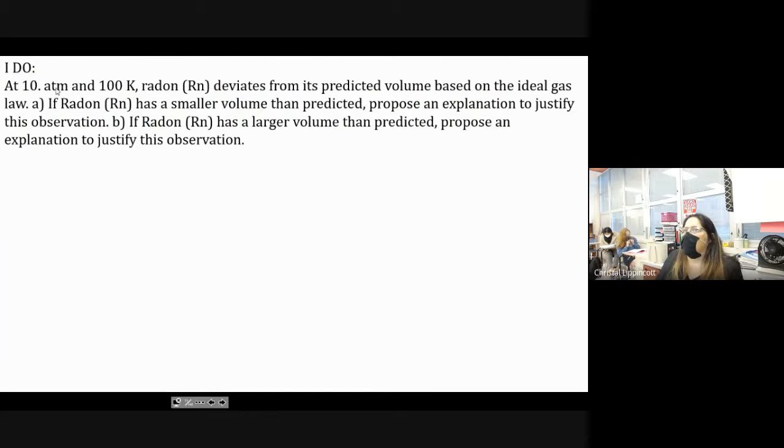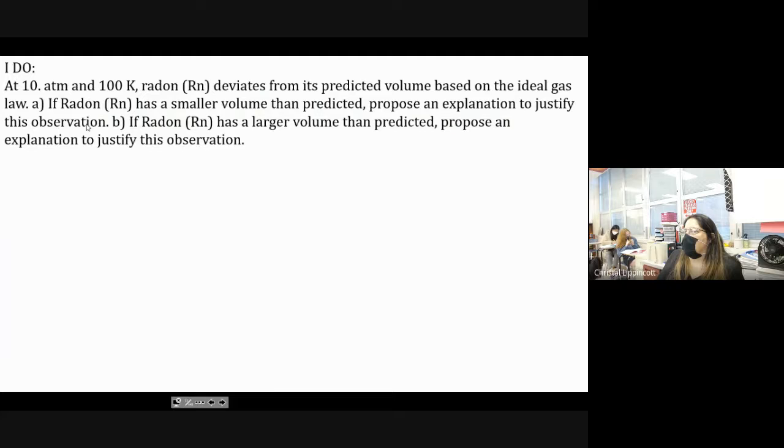So at 10 atm, we have a 100 Kelvin sample of radon. It's going to deviate from its predicted volume based on the ideal gas law. If radon has a smaller volume than predicted, propose an explanation to justify that observation. Why, if it has a smaller volume than predicted, would it deviate from the ideal gas law?